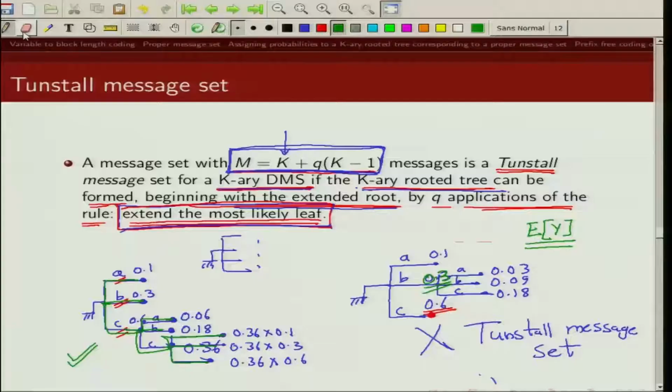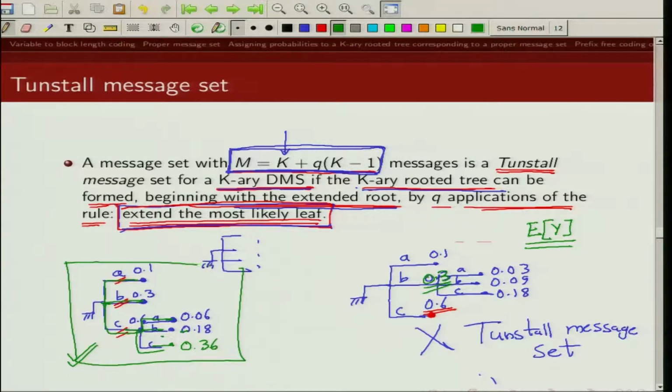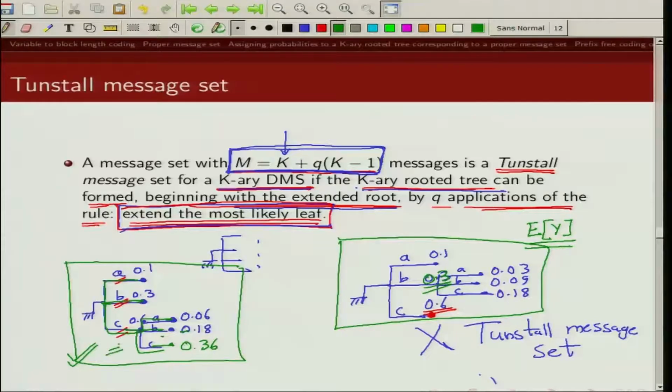Now let us take the same example. Let us just take this example which is a Tunstall message set, and this example which is a non-Tunstall message set. Now what I did was, in both the cases I did a single extension of the extended root. In the Tunstall message set I extended the leaf which has 0.6 probability.